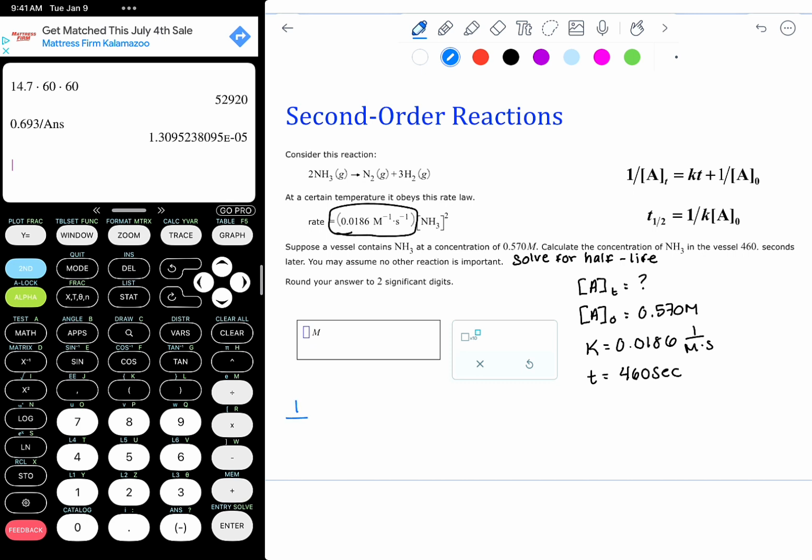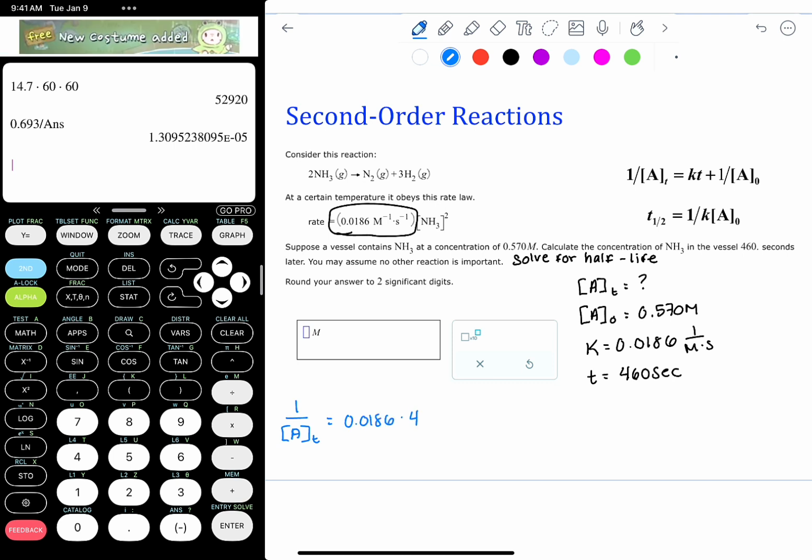So we take 1 over the concentration of A at some later time t. That's what we're solving for. We're going to take k, which was 0.0186, multiply that by the time, 460, and add to that 1 over the initial concentration, 0.570.